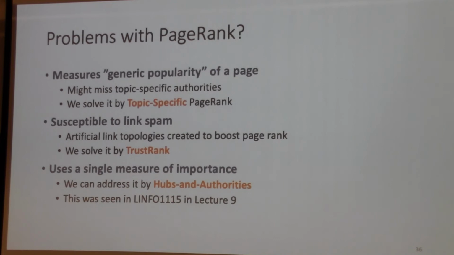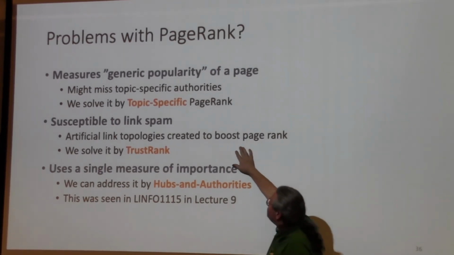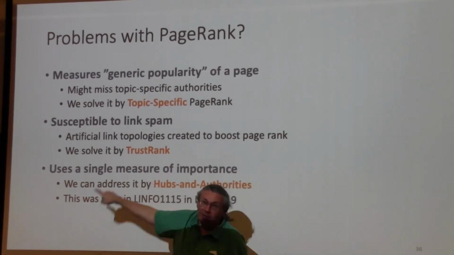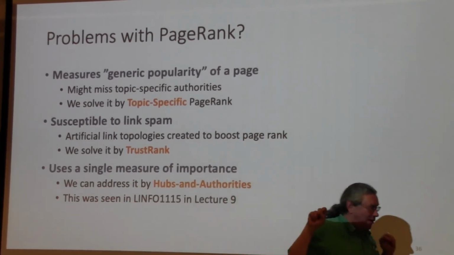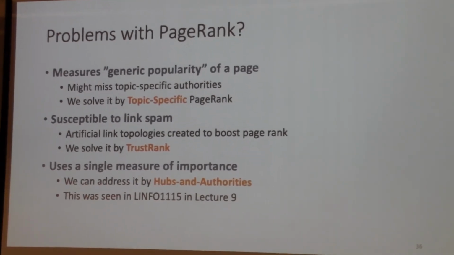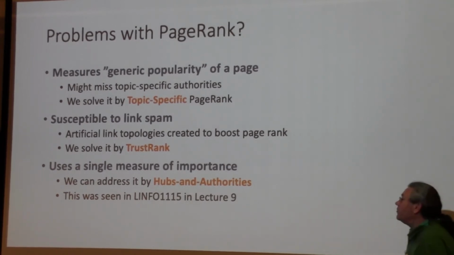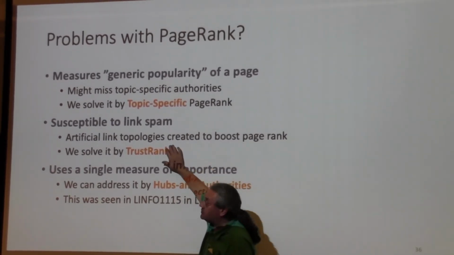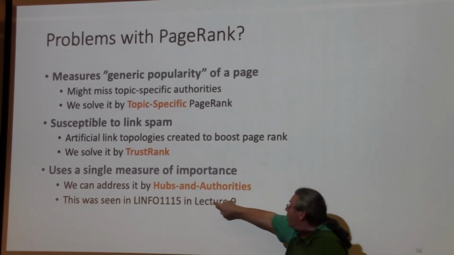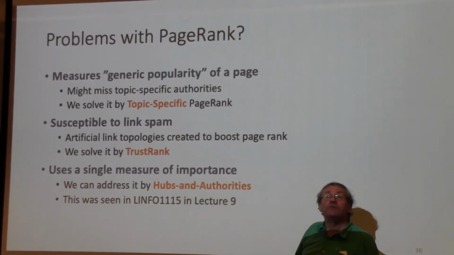Okay. Another problem with PageRank is cheats. Okay. Artificial topologies, which are called link farms, which I will explain. So you need to somehow get around that. So, of course, the real solution Google is doing today is kind of secret, but we know some techniques for getting around that. Also, hubs and authorities can be important too.